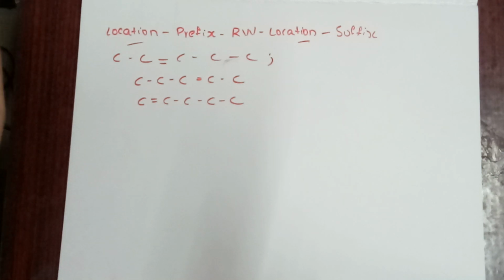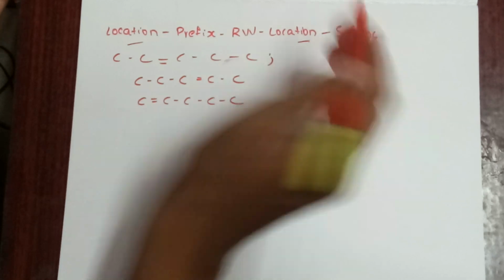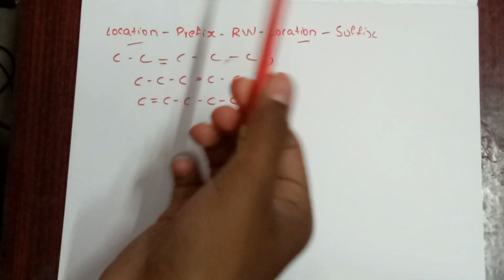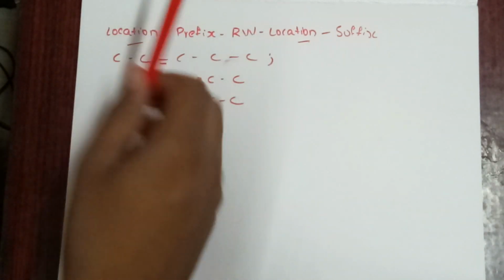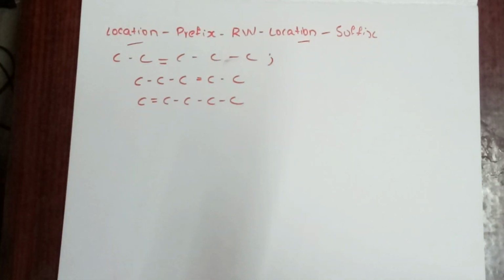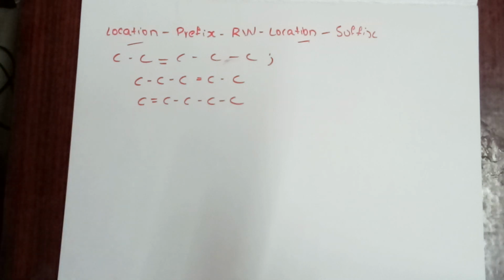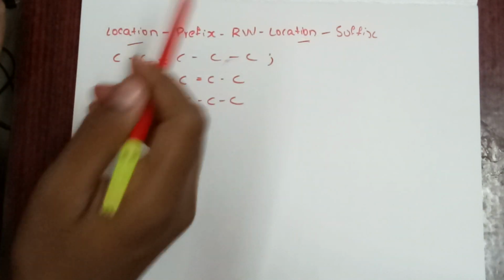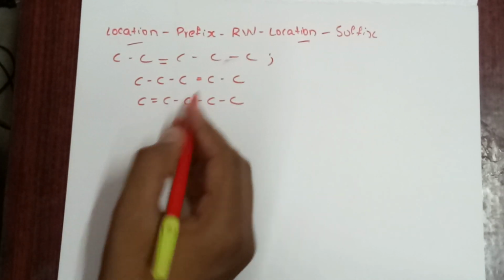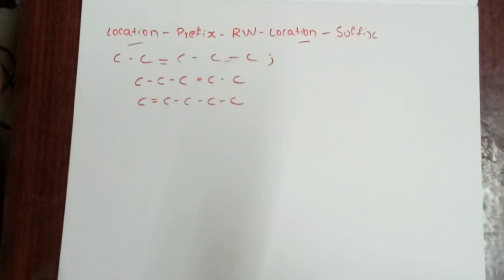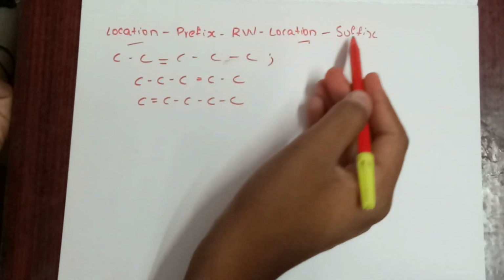So we need to know in which place that double bond is present. So suffix means the bond. Depending on the bond we are going to write an, ene or yne, right? This location is not required for alkanes, because in alkanes there is a single bond everywhere. But in alkenes we have a double bond only in one place. We need to know that place to get the exact carbon chain, right? So we need this location for that.